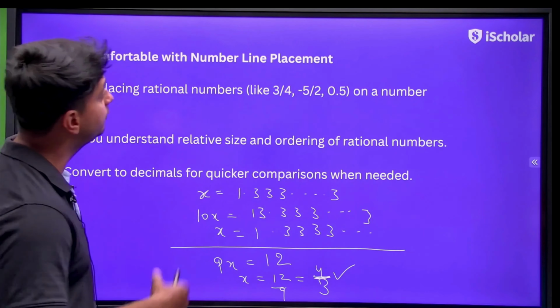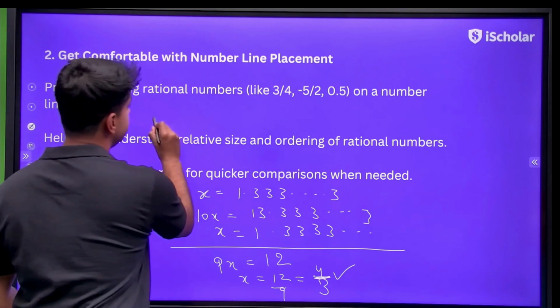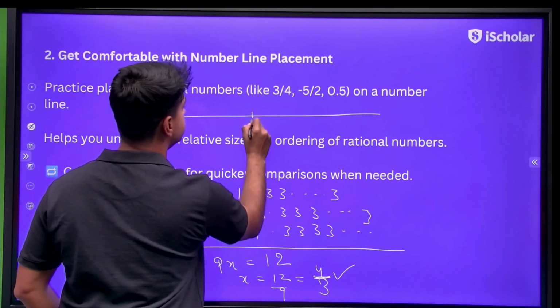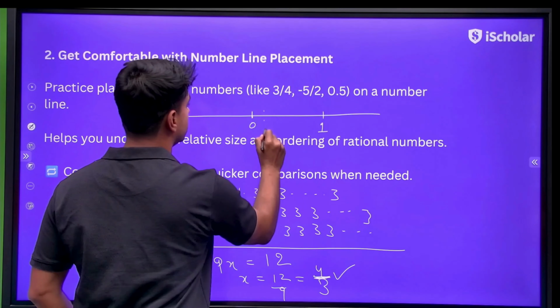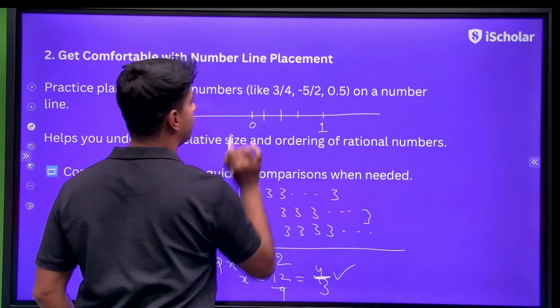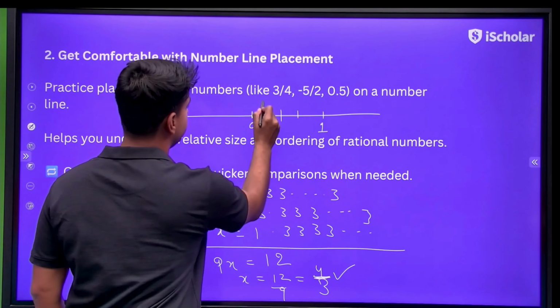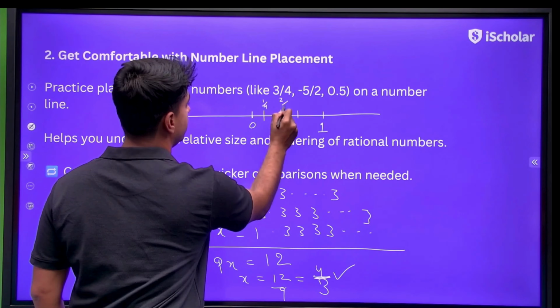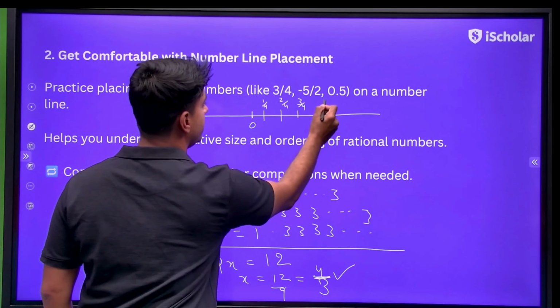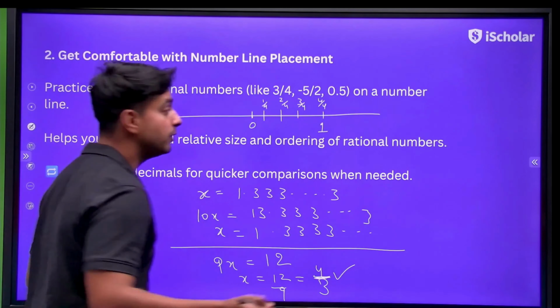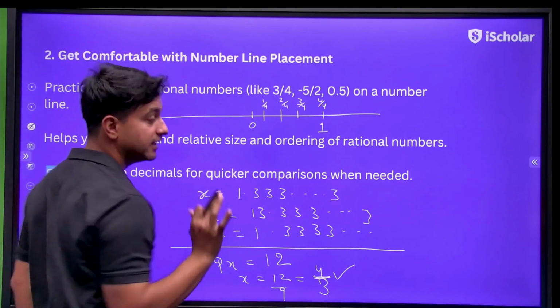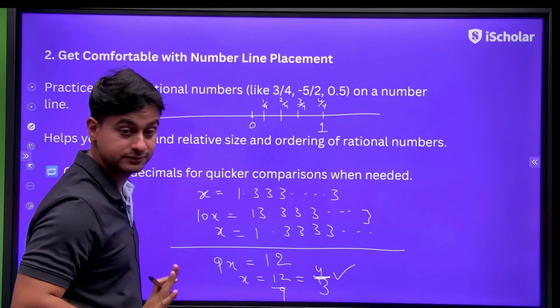Also we have to be very confident while placing them on the number line. Let's suppose I have to place 3 by 4. In between 0 and 1, I can make 1, 2, 3, 4 parts, correct? This will be 1 by 4, this would be 2 by 4, this would be 3 by 4, and this would be 4 by 4, which is nothing but 1. If I want to go for minus 5 by 2, that is nothing but minus 2.5.